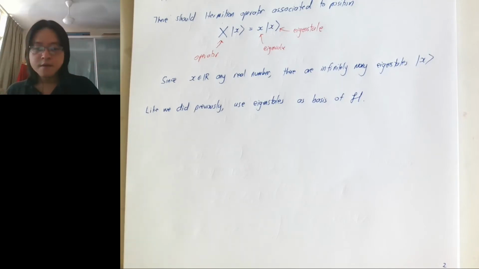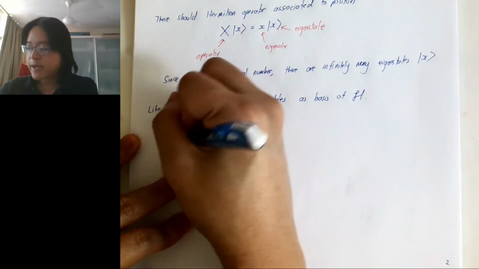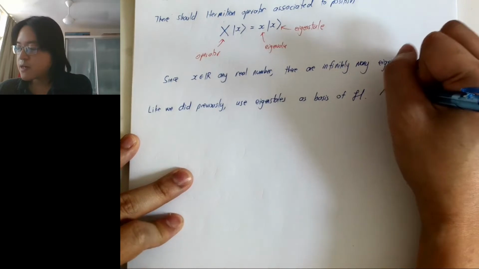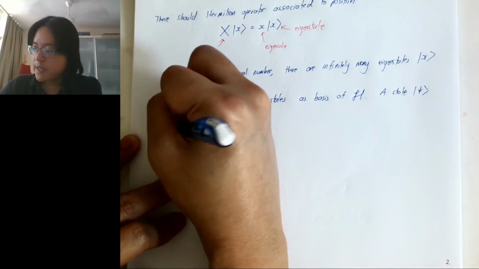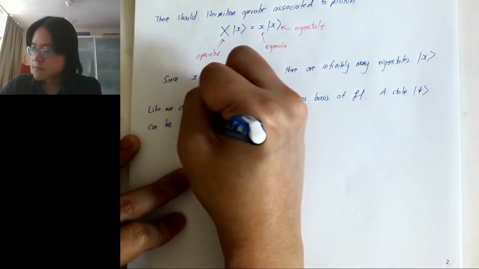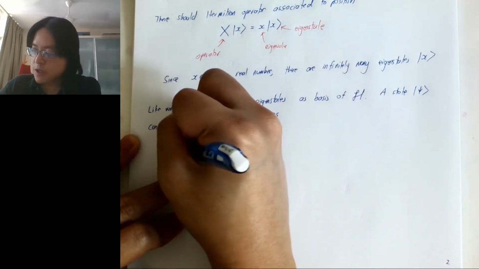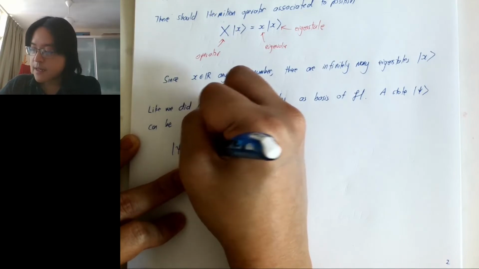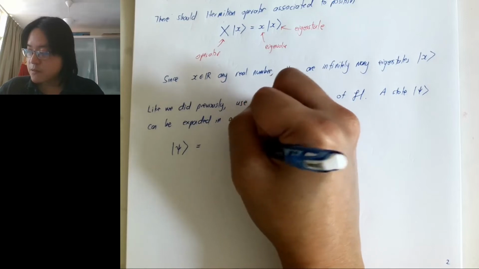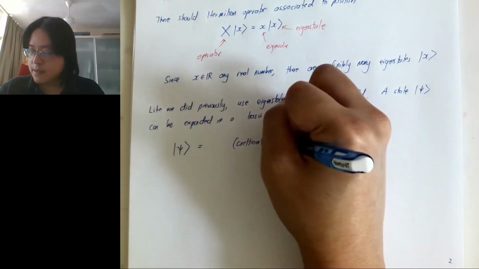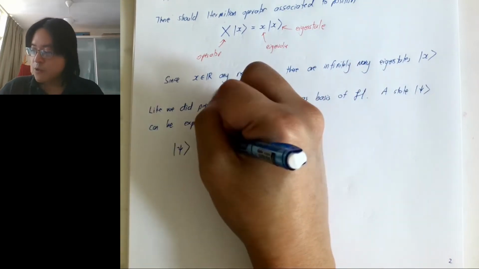So what we did last time was we can express a state in this basis. A state can be expanded in a basis: a particular state has some coefficient times the basis, and then we sum over.